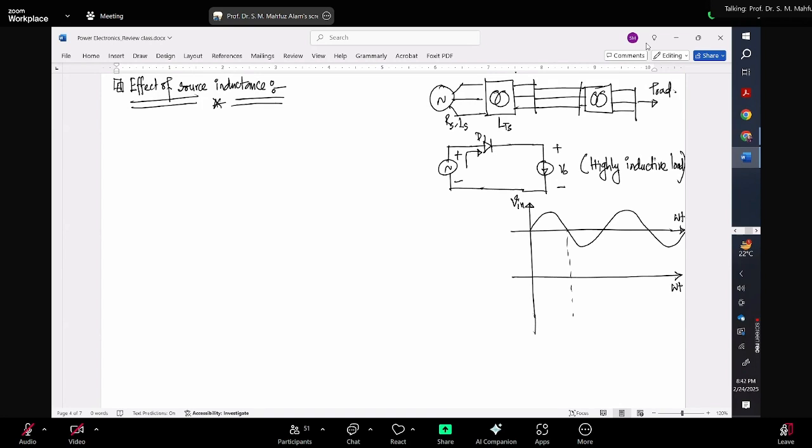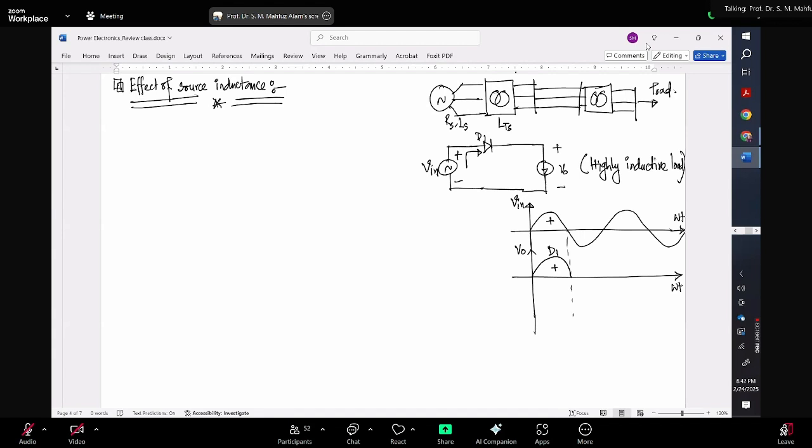Current will tend to go in that direction, and when the diode is forward bias, it works as a short circuit path. So whatever input voltage you have will appear across the output. Suppose this is my output voltage, and here D1 is conducting.